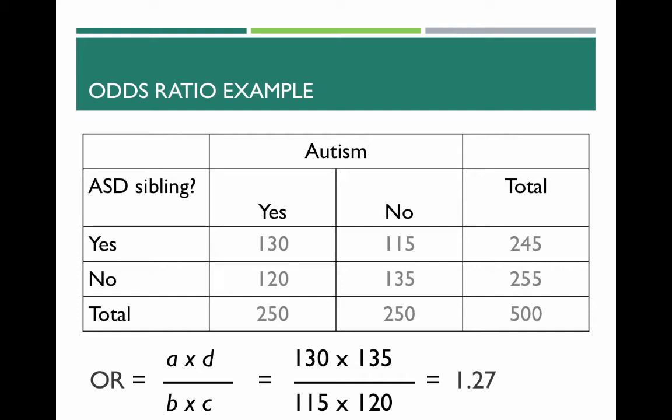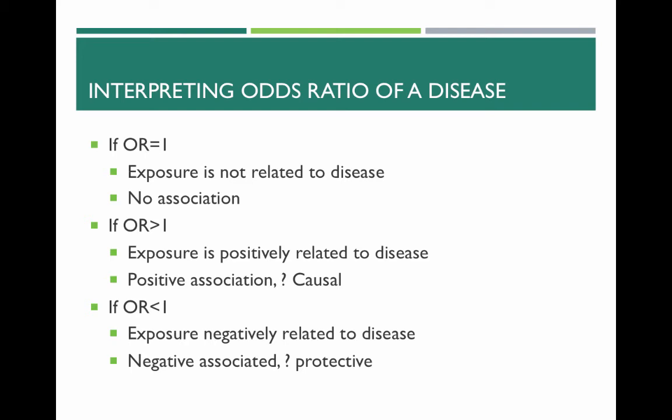So from here we can conclude that the odds of having a sibling with autism are 1.3 times higher in someone who had autism than in someone who did not have autism. So we interpret an odds ratio very similarly to how we interpret a relative risk.